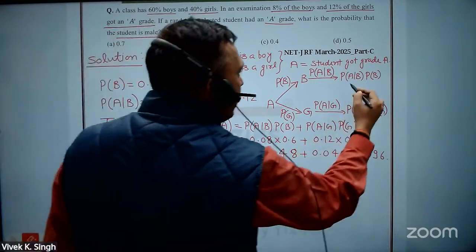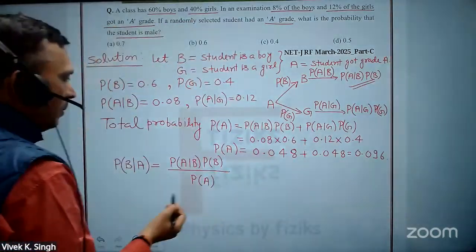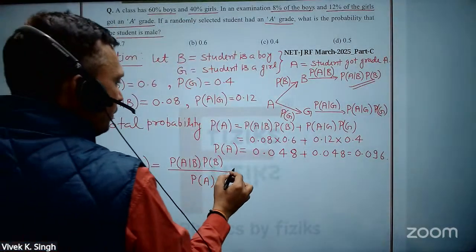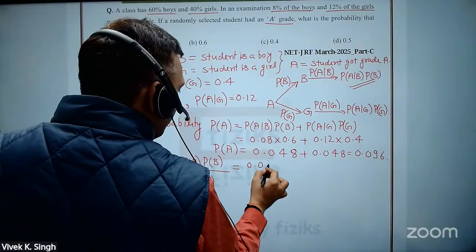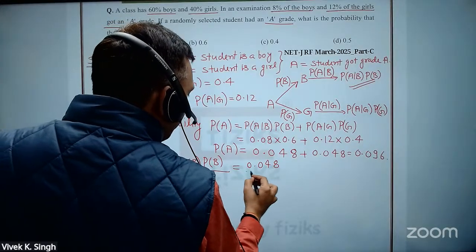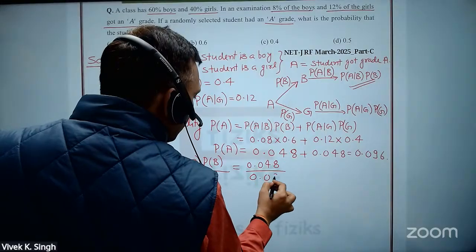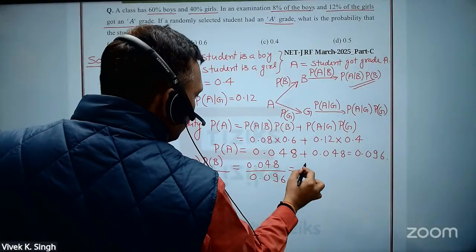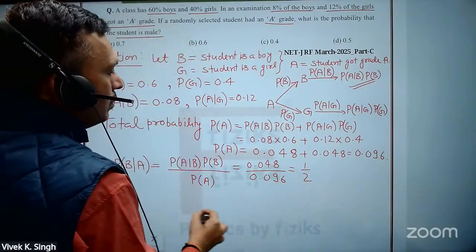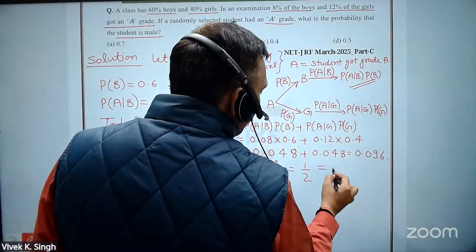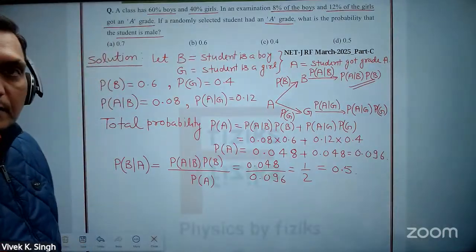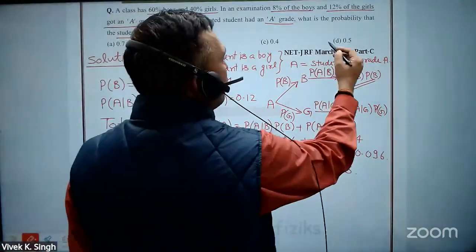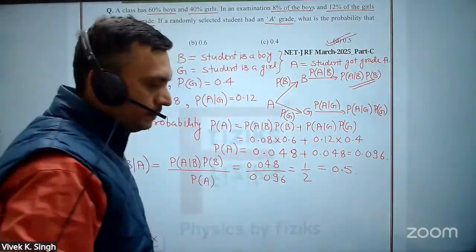So this will be 0.048 by 0.096, which is 1 by 2, that is 0.5. So this probability will be 0.5. So option D is correct.